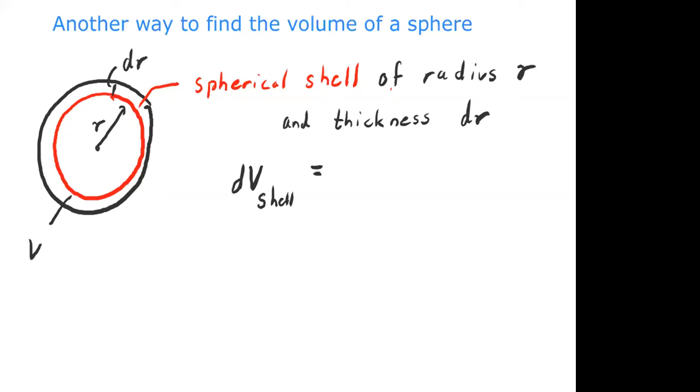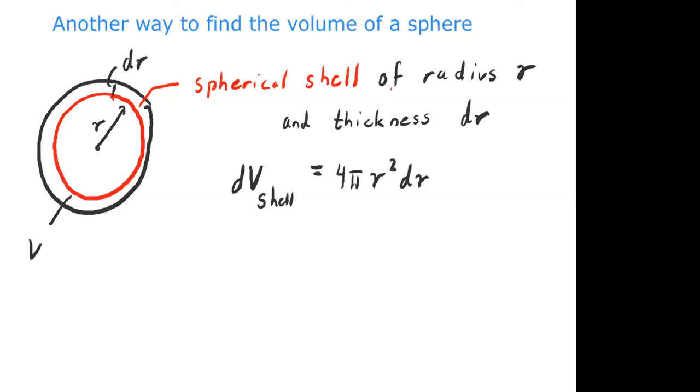Well, we got this halfway resolved in the previous slide. I know the area of my shell is just 4 pi r squared. To get a volume, I just multiply it by the differential length, dr.